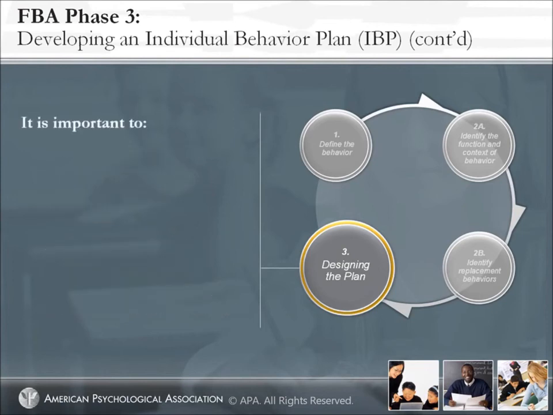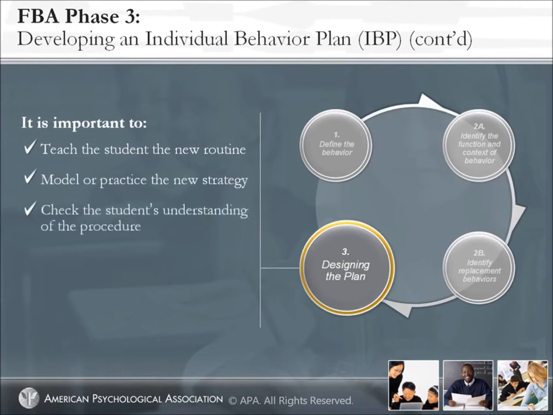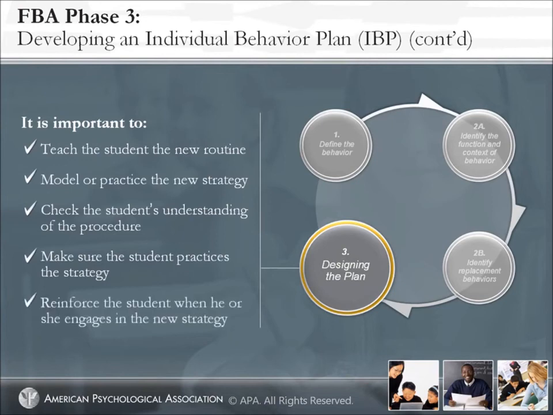If we are teaching a student a new routine to replace call-out behaviors with quietly asking a peer for information, it is important to A, teach the student the new routine, B, model or practice the new strategy, C, check the student's understanding of the procedure, D, make sure the student practices the strategy, and E, reinforce the student when he or she engages in the new strategy.